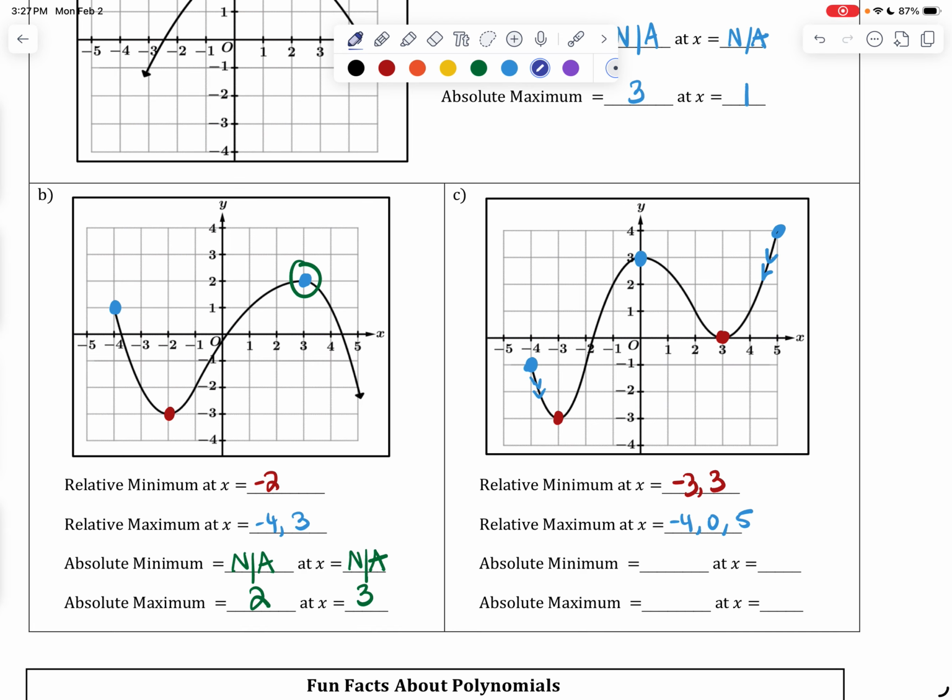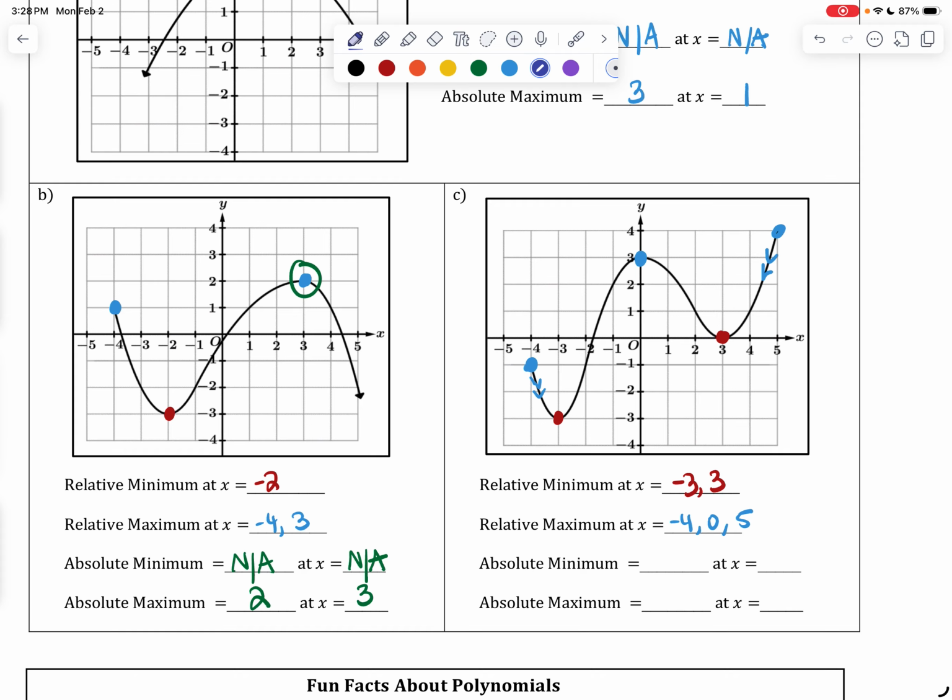Now our absolute minimums, there's only one for each. This function has endpoints, so it is possible to have both an absolute minimum and a maximum. Polynomials can only have either one, at least as long as we don't restrict their domains, because they'll always have an infinite side of the range. If both sides of the range are infinite, then there can be neither.